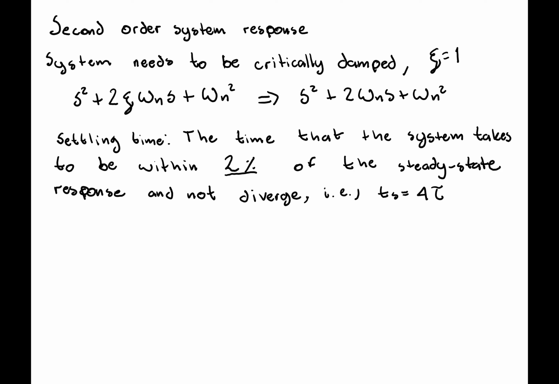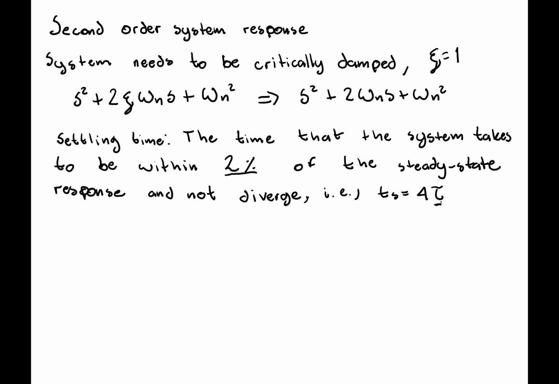This is a basic concept in control. The idea of the time constant of the system is basically the rate at which the response moves towards the reference.